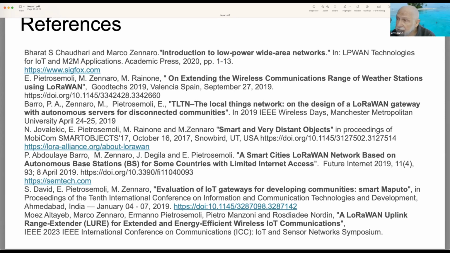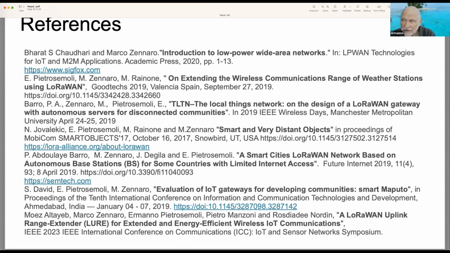Yes, indeed. This is the feature that we were addressing. The idea was to be able to use any deployed end node that is based on the LoRaWAN technology. So you don't need to modify your end node.